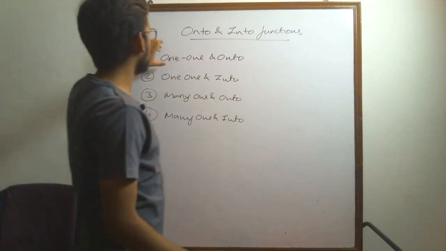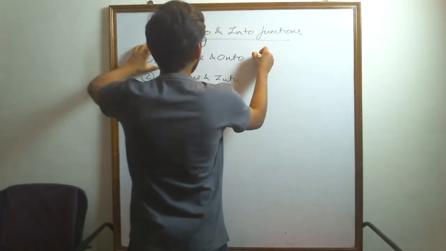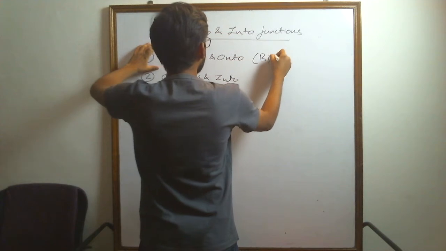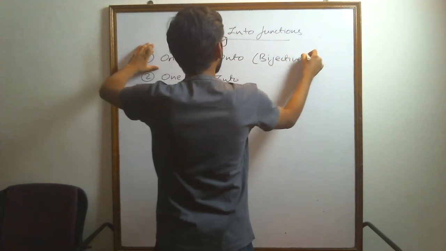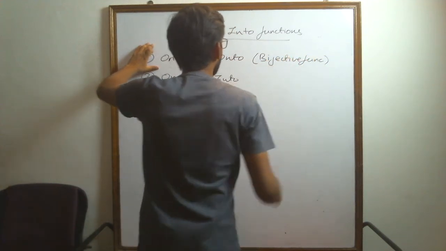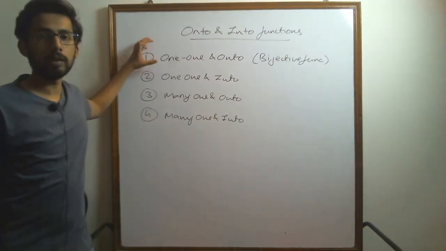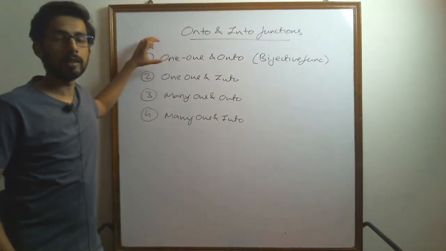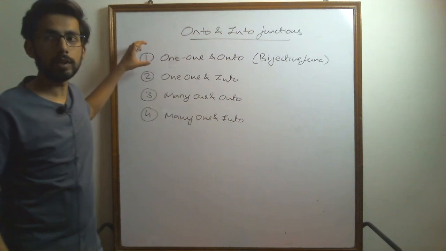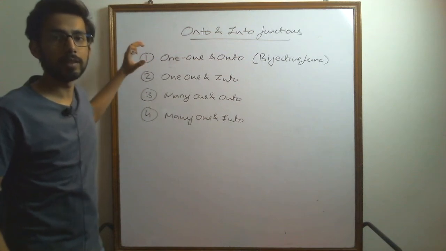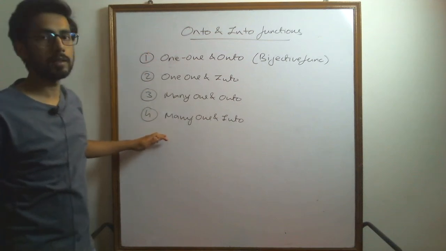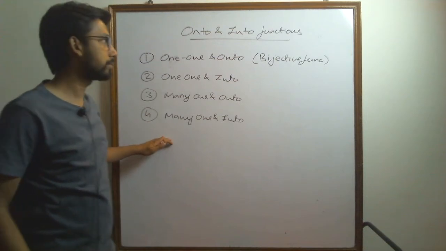The most important one is the first one, which is also known as bijective functions, because only for 1-1 and onto functions is an inverse defined. For all of the others, the inverse is not defined.